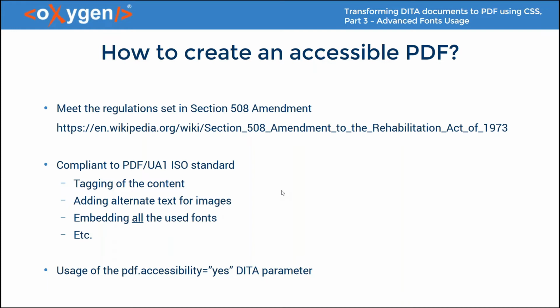All the real content must be tagged in order to reflect the PDF structure. This is already done by the Oxygen Publishing Engine default style sheet, so you don't have to create other tagging. We already have a preset style sheet that will tag all the accessible content, for example the titles, the paragraphs, the figures, etc. Alternate text must also be available for figures and images.